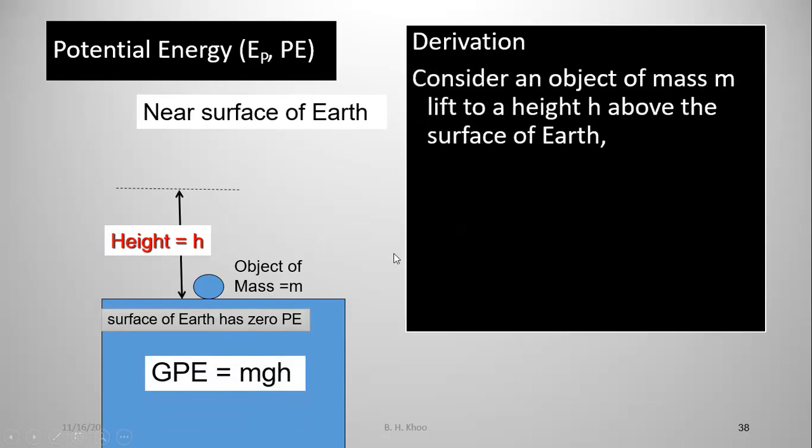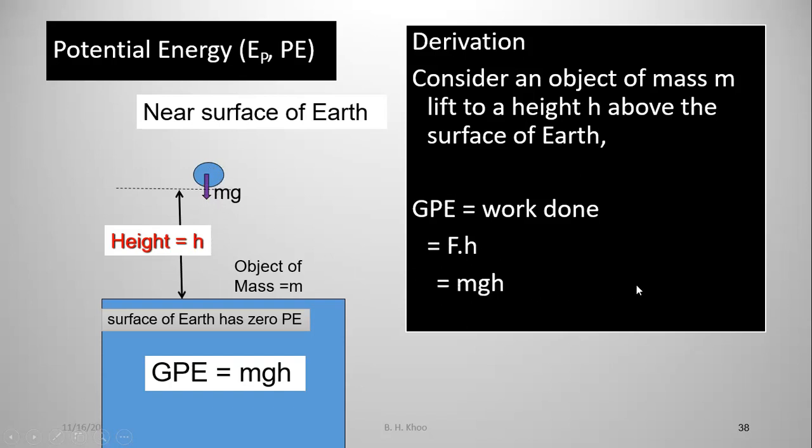Derivation: we consider an object of mass m. We lift it to a height h, so we do work. Gravitational potential energy is equal to work done: force times height moved. Force is your weight, mg, so it is mgh.